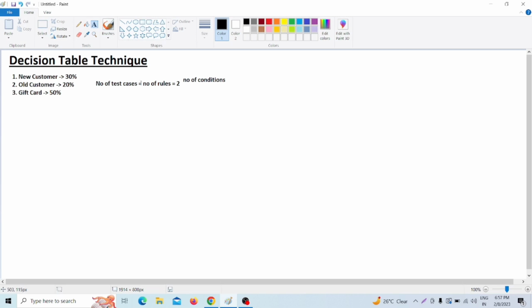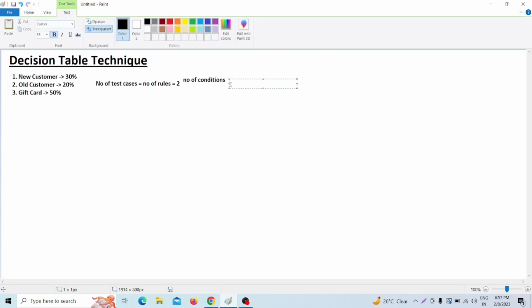So 2 to the power of the number of conditions: how many conditions are there? You have applied 3 conditions. One is for new customer, the second is for old customer, and the third is for gift card.